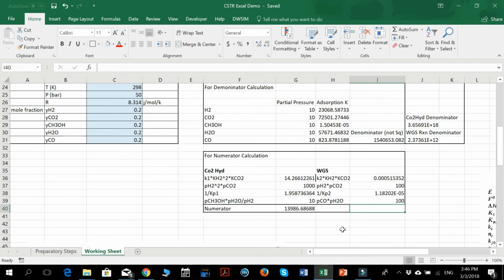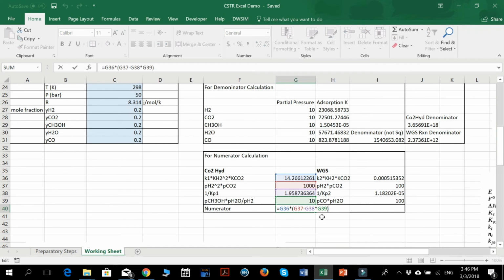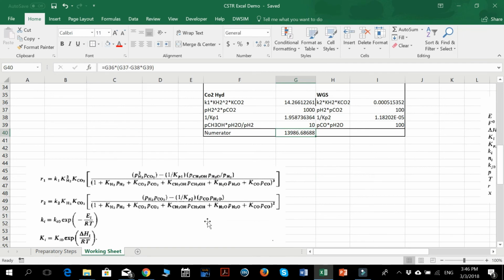So now we have a very neat looking spreadsheet. And it just so happens that the form of the formula is very similar to the first CO2 hydrogenation reaction. So you can see this, then you multiply into the brackets of this times minus this times this.